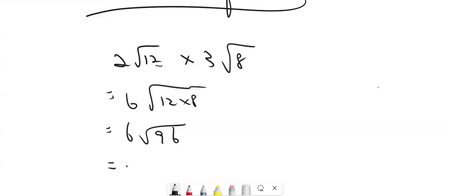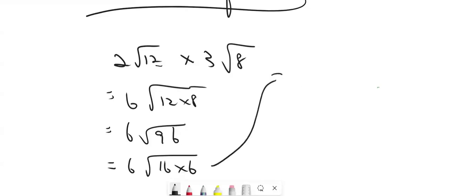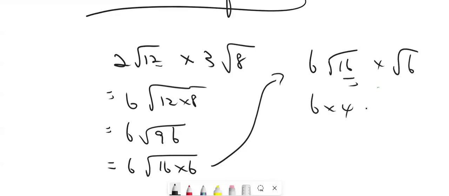Which is also equal to 16 by 6, right? So you get 6 root 16 by root 6. Root 16 is going to be 4, right? So 6 by 4 by root 6, so you get 24 root 6.